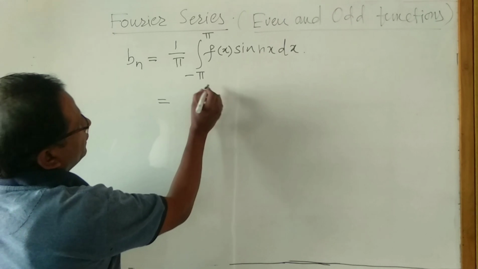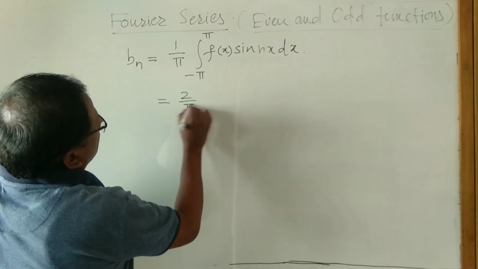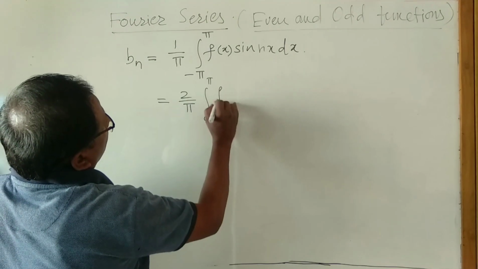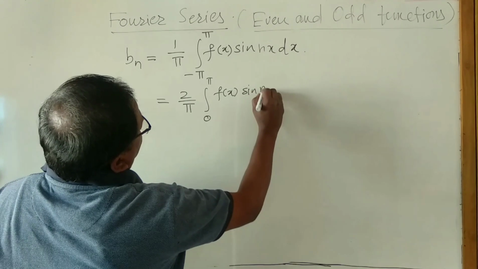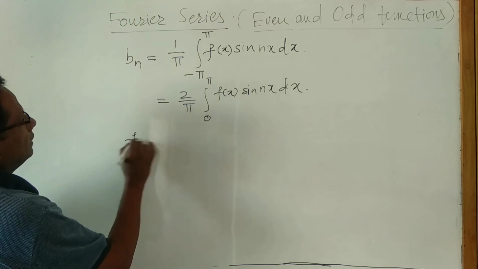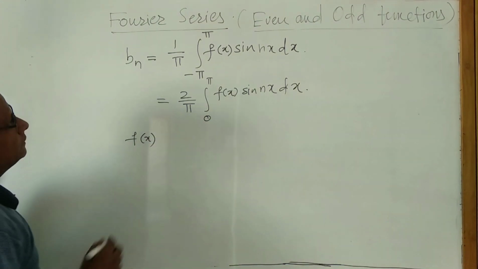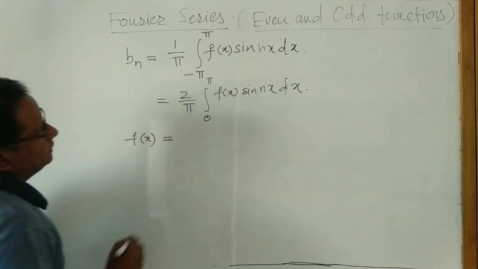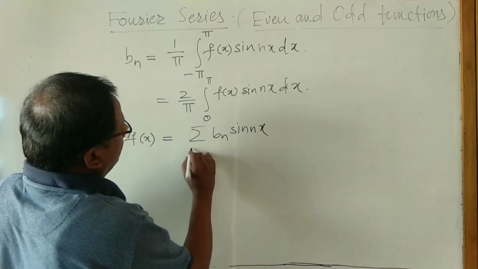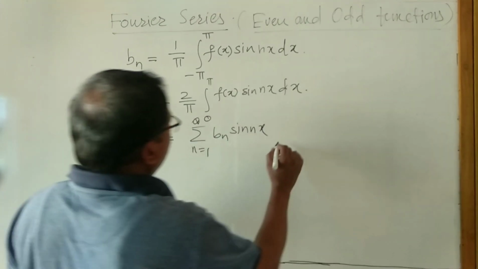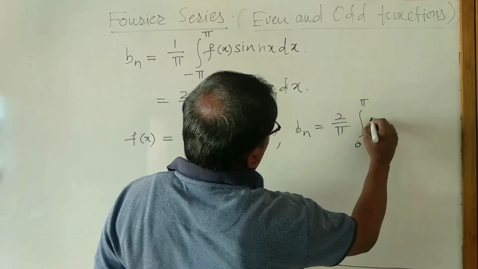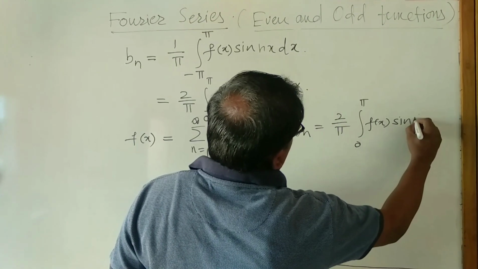Therefore the value of this integral will be 2 times 2 upon pi integral 0 to pi f of x sin nx dx, and hence the Fourier series of the function f of x in the interval minus pi to pi is given by summation bn sin nx, n varies from 1 to infinity, and this bn is 2 upon pi integral 0 to pi f of x sin nx dx.